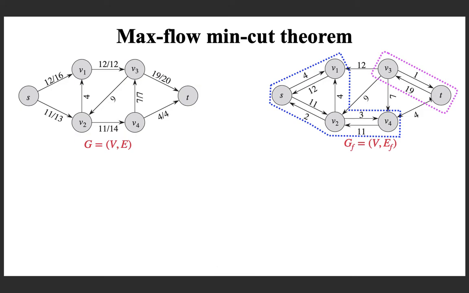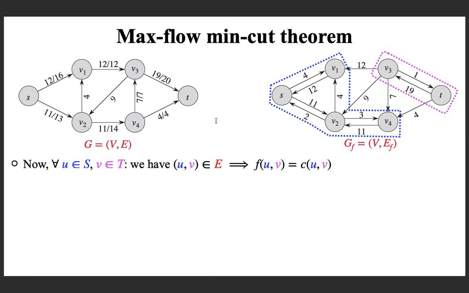Now, we can state certain properties of this ST cut. Suppose you take a vertex U from the set S and V from the set T, and suppose that U and V are connected. If there is an edge from U to V, we can conclude that the flow along that edge is maximum.